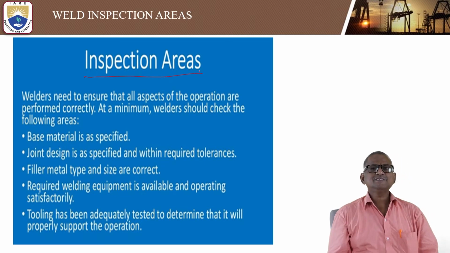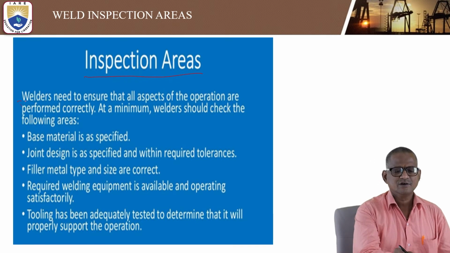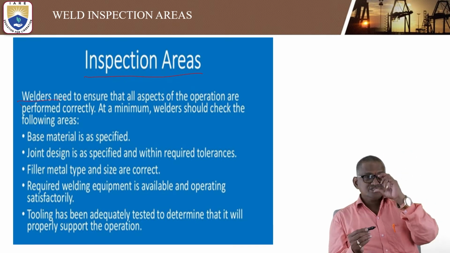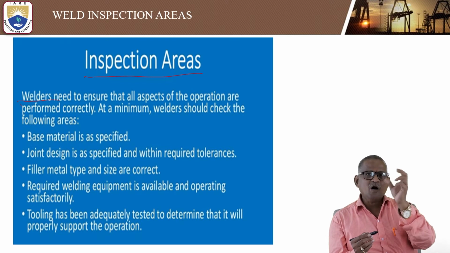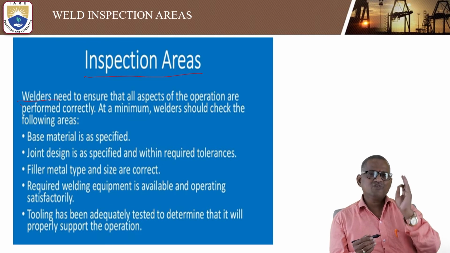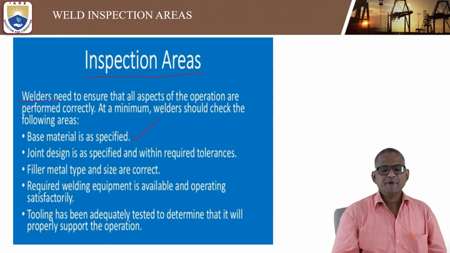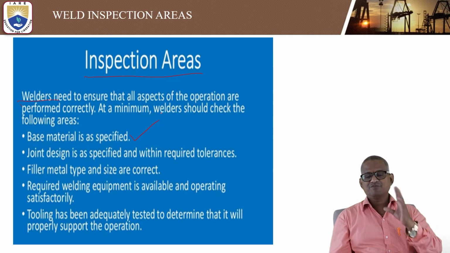In general, inspection areas means the welders need to ensure that all aspects of the operation are performed correctly or not. At a minimum, the welder should check the following major areas. The first thing is whether the base metal is as specified or not.